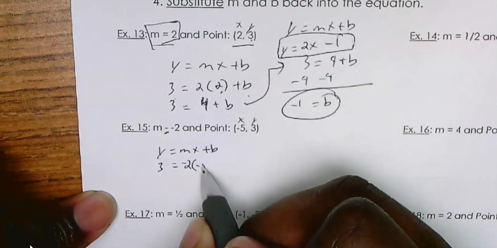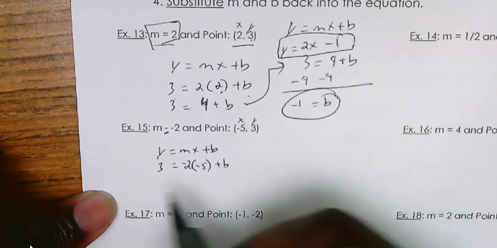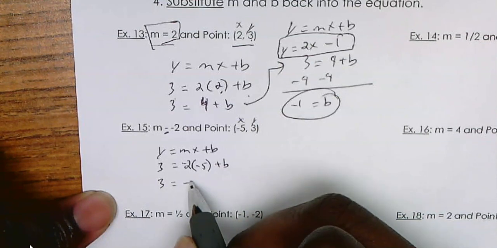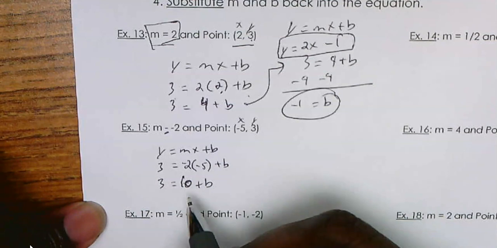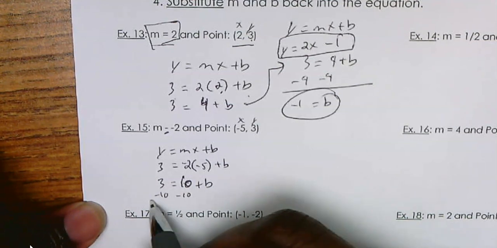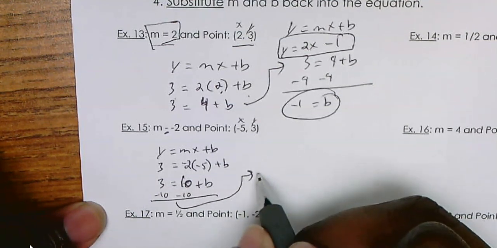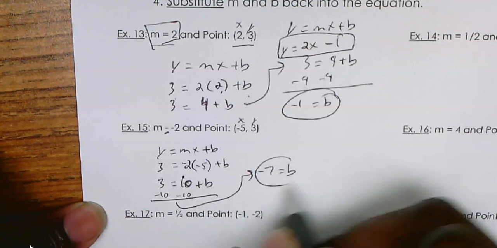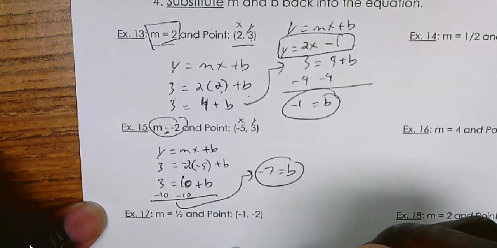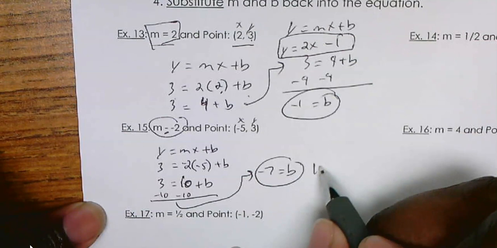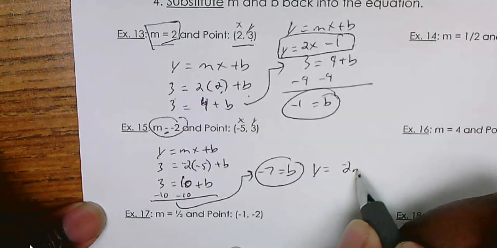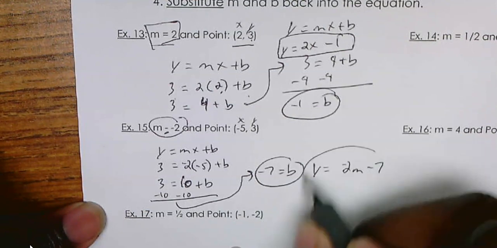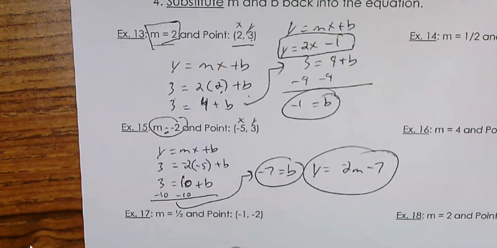My x is -5. So I get 3 equals 10 plus b. Subtract 10 from both sides. -7 equals b. So now I know m and b. So the equation would be y equals -2x minus 7. I will copy any of that stuff as a note, but it's all I have. Good luck.